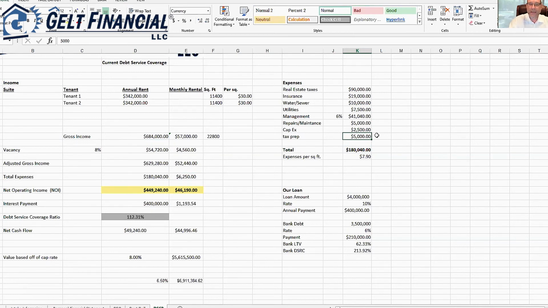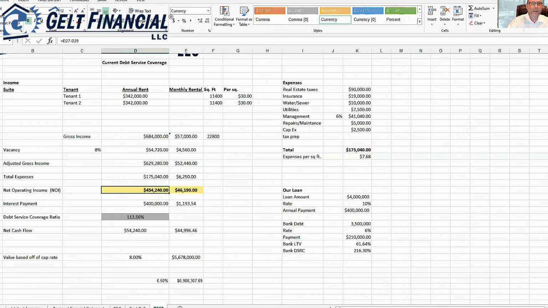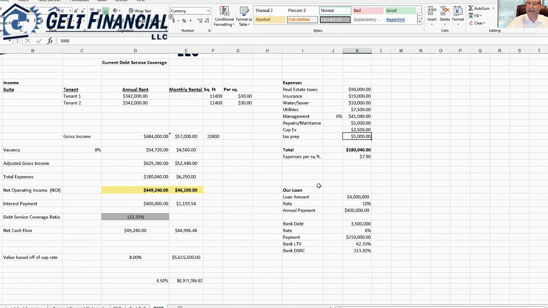So all of a sudden, look at the NOI at 449. I'm just going to take out this $5,000 figure, and it's 454. Now, let's see what happens to that from a value perspective, because it makes a big difference. And it's important, I preach, put all the possible expenses in there, because stuff never goes right. It always goes wrong. So you need to prepare for it.